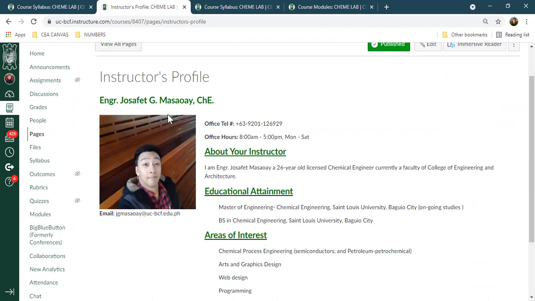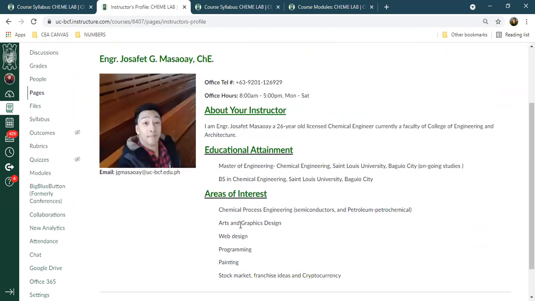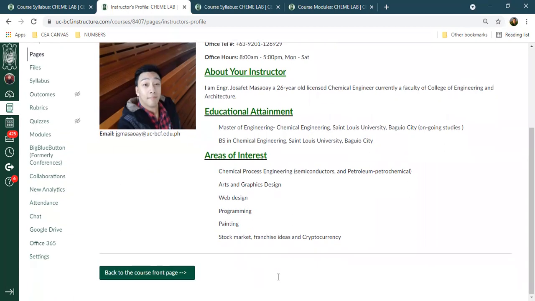And currently, I am taking up my Master's of Engineering in Chemical Engineering at St. Louis University. My areas of interest are chemical process engineering, arts and graphics design, web design, programming, painting, and business ideas encompassing stock markets, franchising, and cryptocurrency.